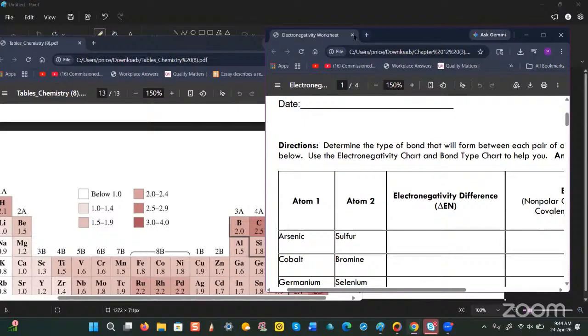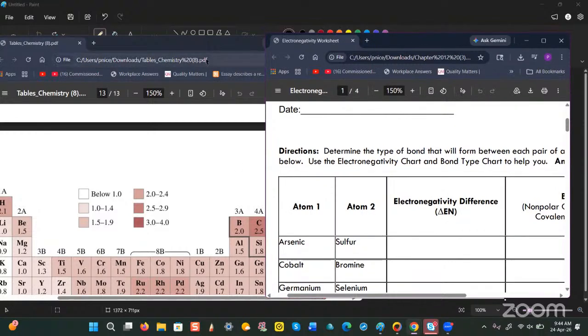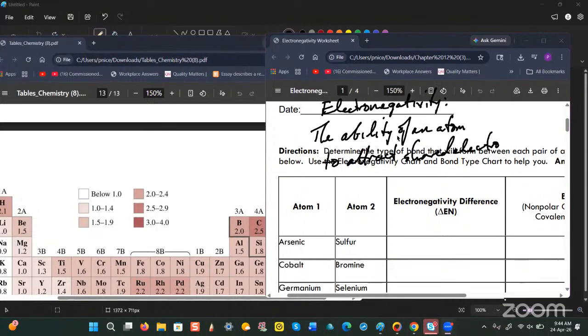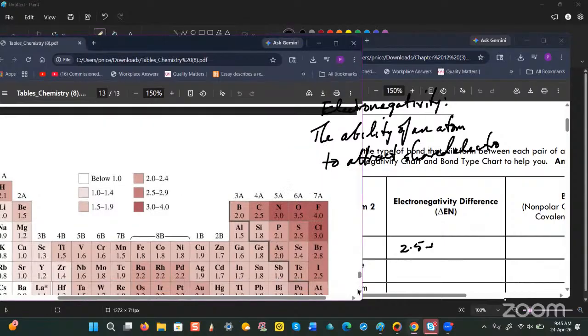So sulfur is 2.5 and arsenic is, what's arsenic? 2.0. All right. So 2.5 minus 2.0 gives you 0.5.